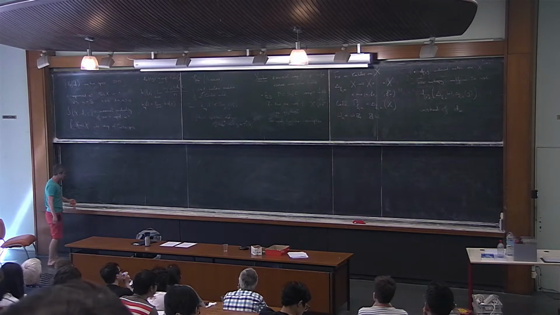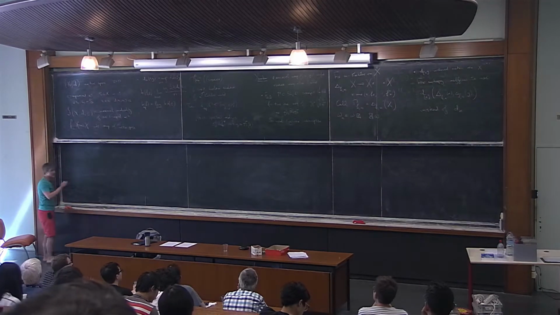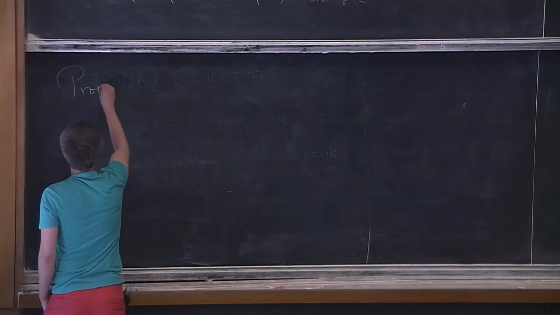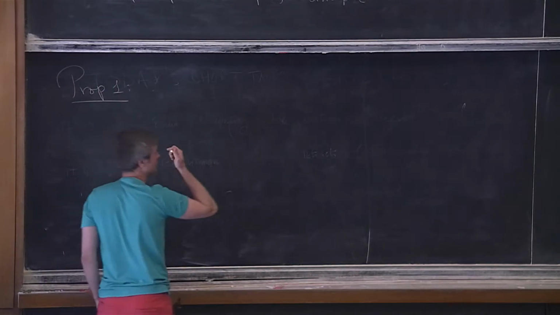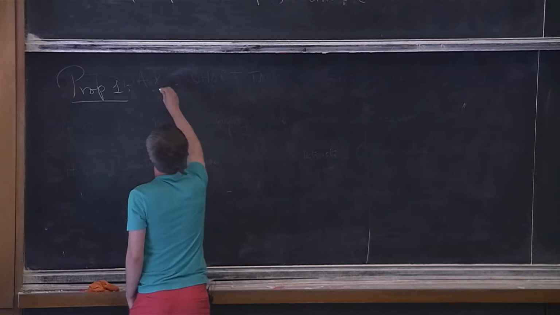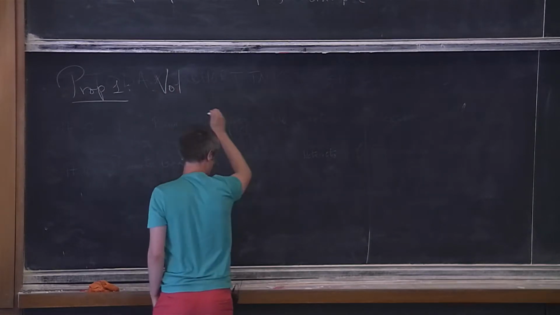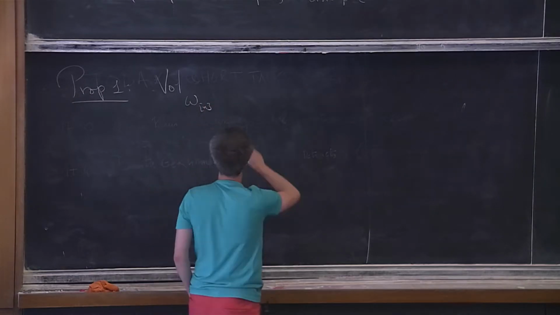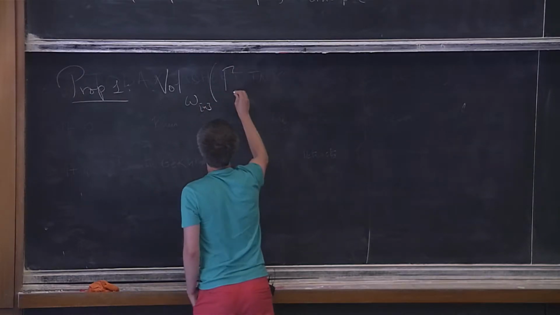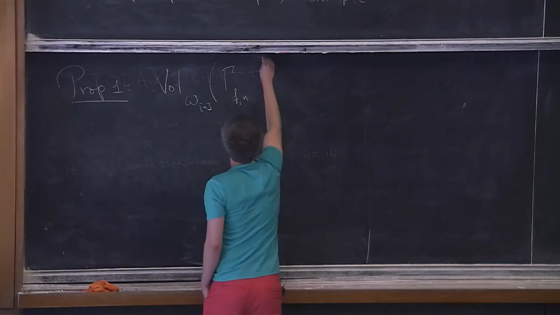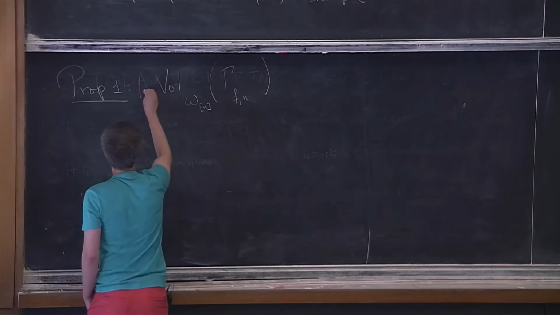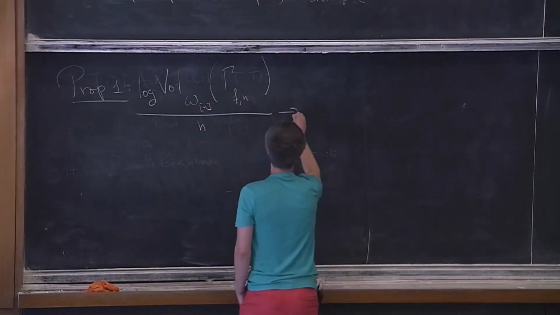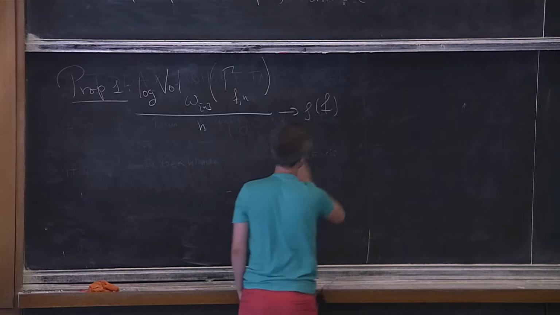So given this, the proof will follow from two facts. Proposition 1 is that the volume with respect to omega_n, this metric that we have there, of Gamma(f^n), if we take this volume, take the log, and divide by n, converges to the spectral radius of f in cohomology.